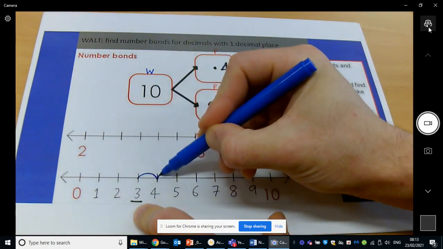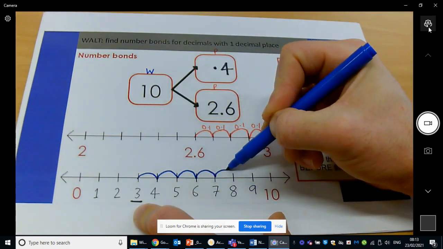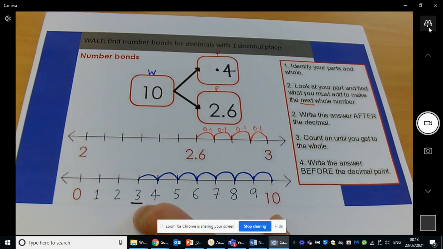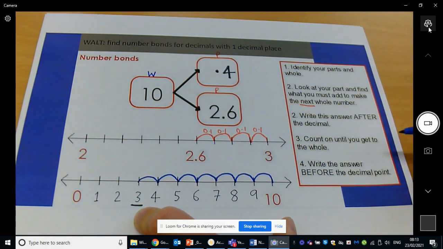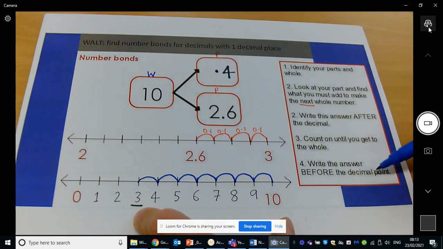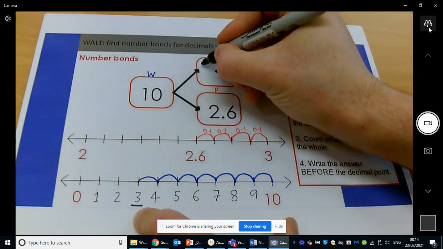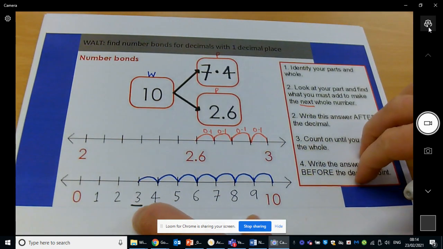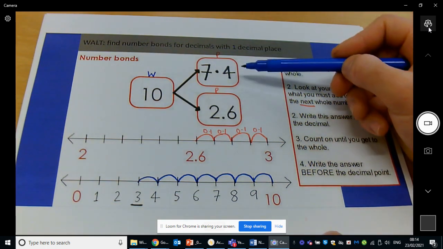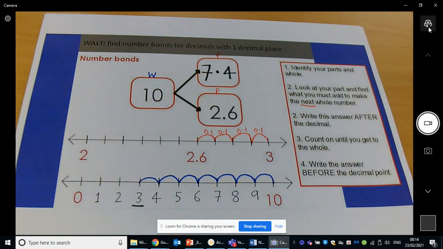So 1, 2, 3, 4, 5, 6, 7 gets us to 10. Now that we know the answer is 7, we write the answer before the decimal point. So then the 7 goes there. Therefore, I know that 7.4 plus 2.6 equals 10.